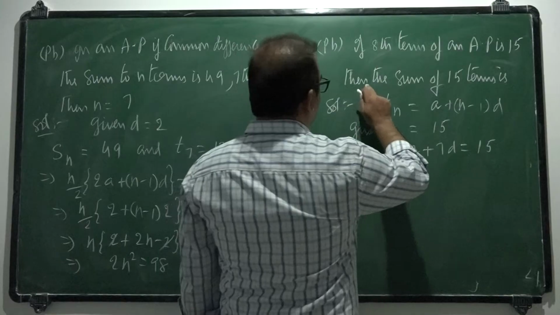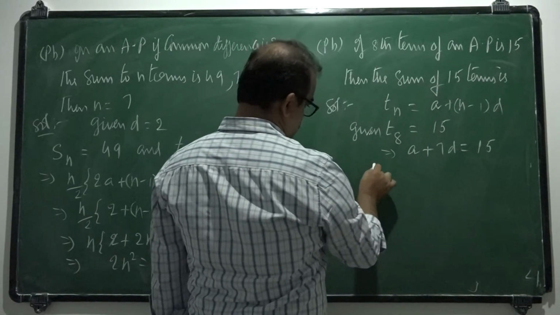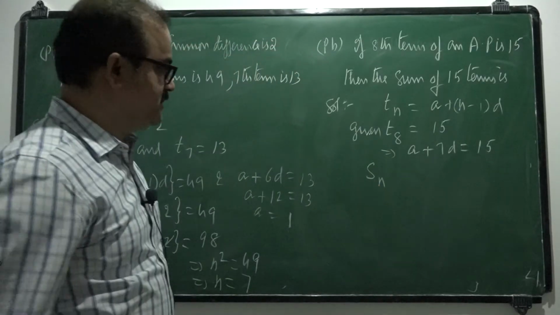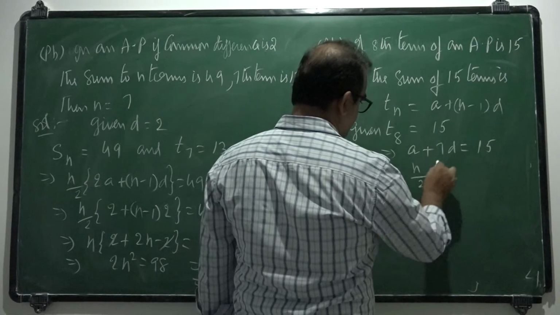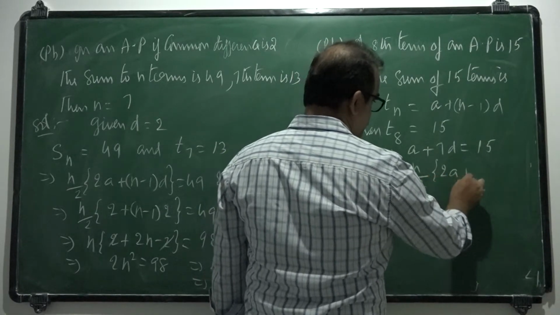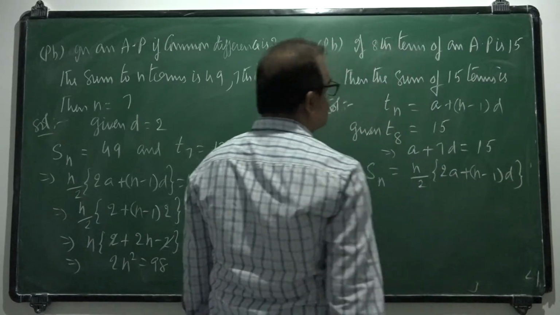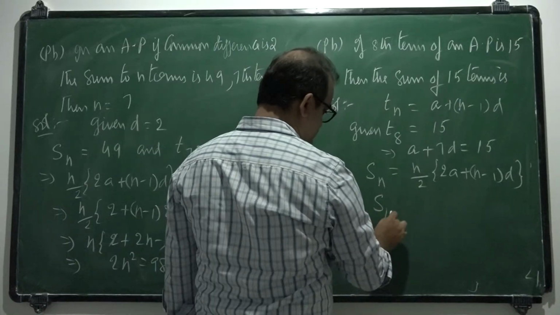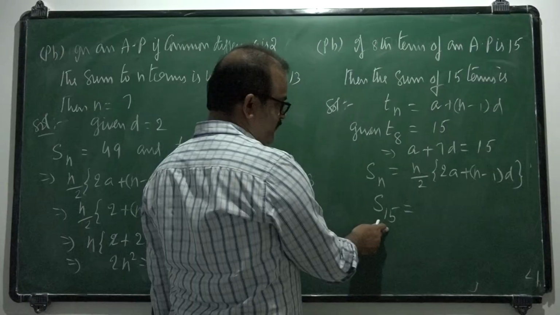Now we find the sum of 15 terms. What is the formula to find the sum of n terms? Sn is equal to n by 2 into 2a plus n minus 1 into d. Now we want to find the sum of 15 terms, so in this you put n is equal to 15.